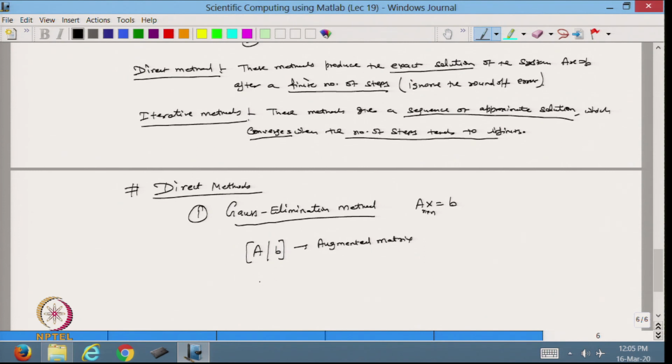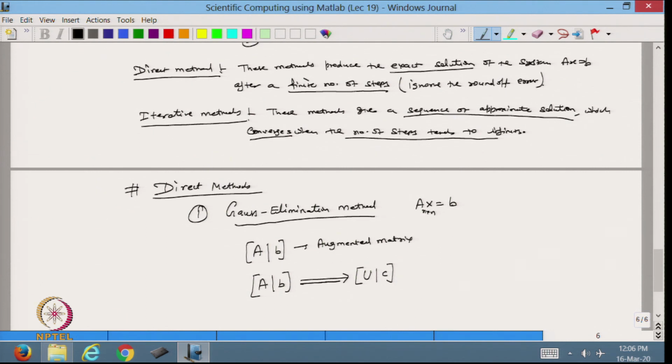Now, I will apply elementary operations on this matrix and convert it into another matrix, which I can call [U | c]. So, this converts the matrix into an upper triangular matrix with the new right hand side vector.